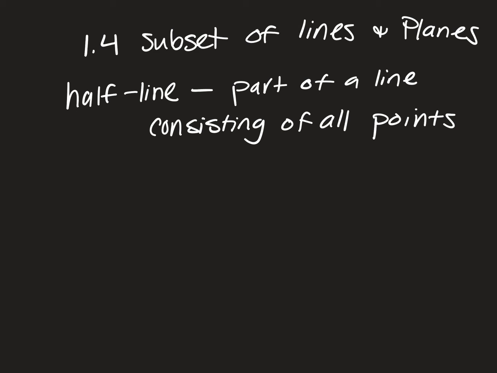All right, so a half line is part of a line consisting of all the points on a given side of a given point on the line. Let me finish writing that, and then I'll show you what that means.